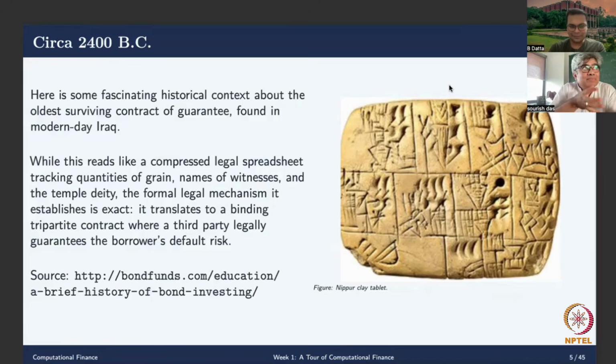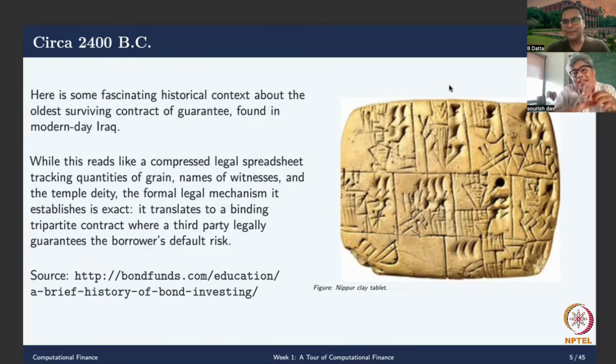The temple deity is a third party ensuring that nobody will default. It's a formal legal mechanism, a binding tripartite contract between the two parties, and the temple provides the third party guarantee for the borrower's default risk.